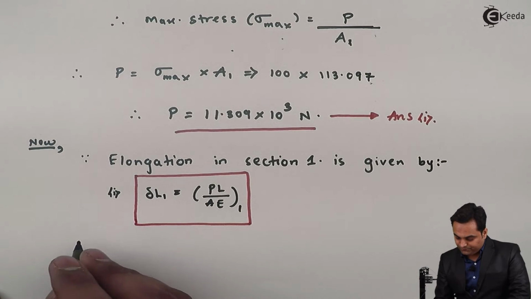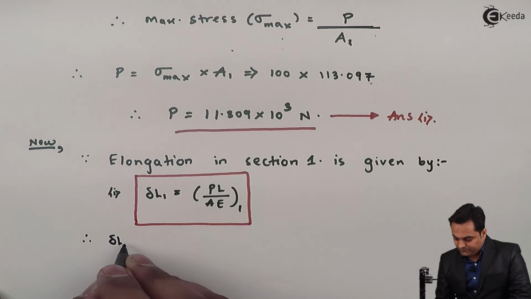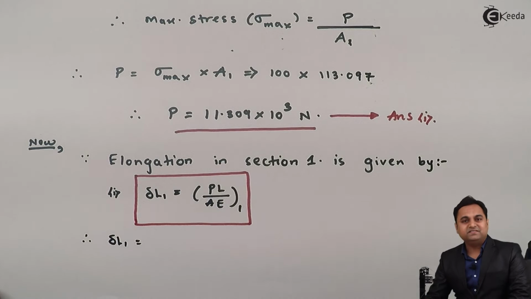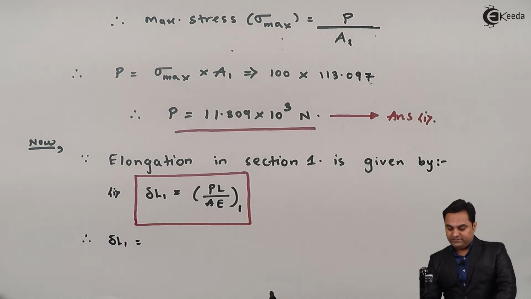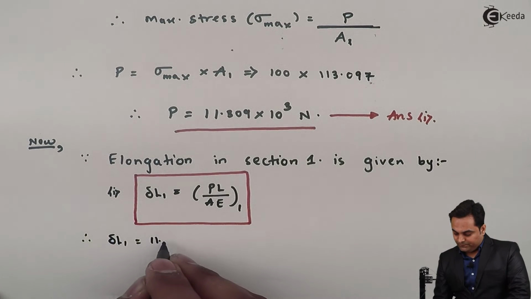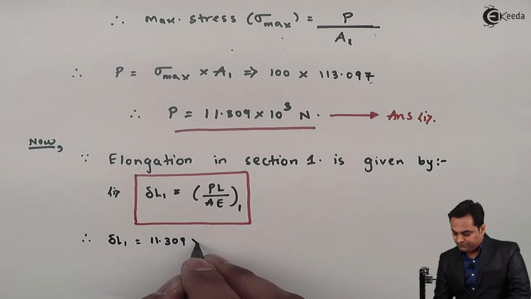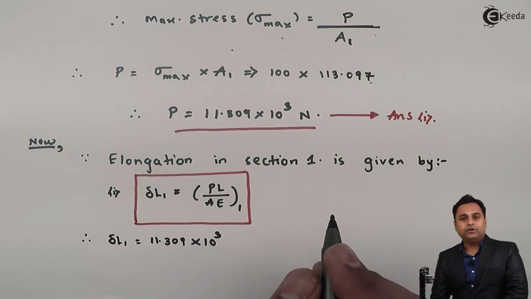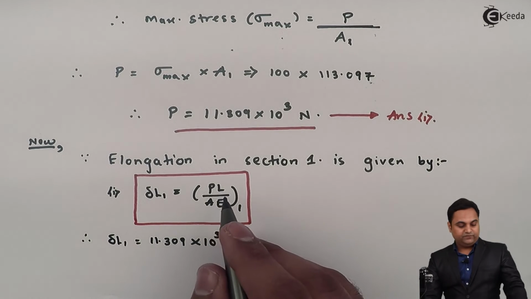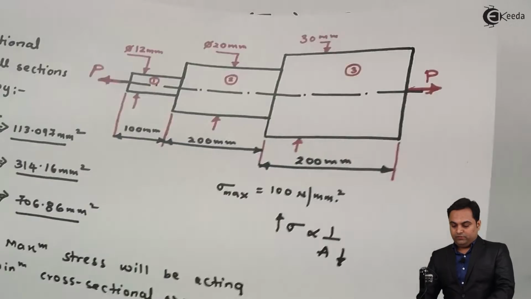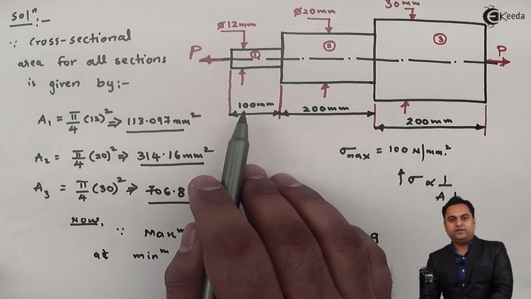So therefore, deflection in section 1, P is the maximum axial pull. It is given as 11.309 into 10 raised to 3. Length of the section, for the first section the length is 100 mm.